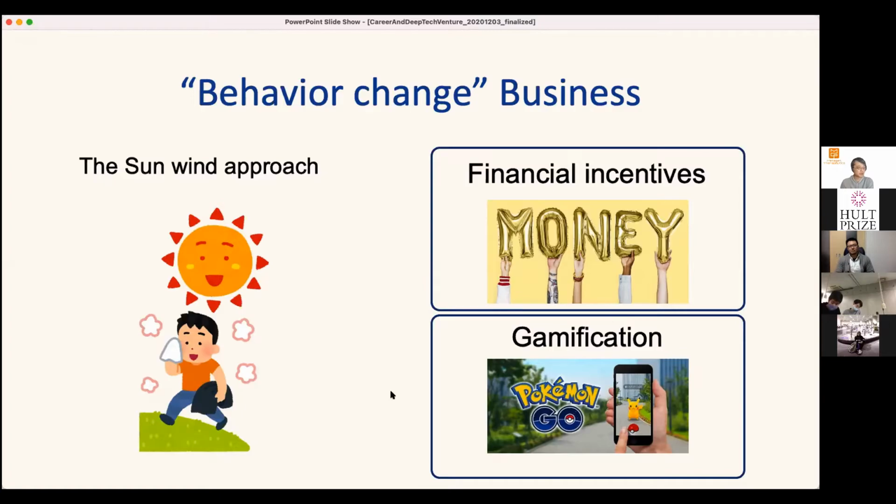Another good approach is gamification. Pokemon Go is a very good example. People start walking and doing exercise without any advice from doctors. They just want to catch another Pokemon by finding it around the city.